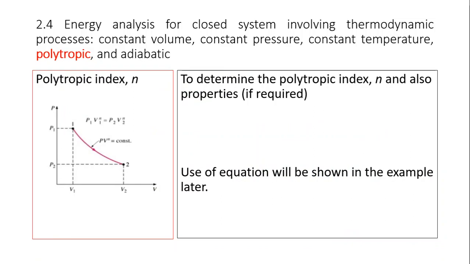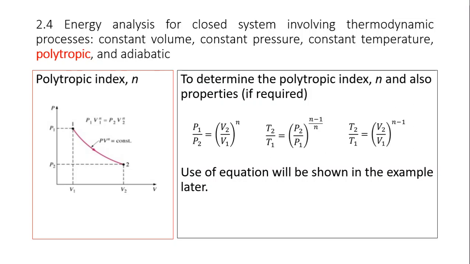Now, for the polytropic index, since n can be any number between negative infinity and infinity, provided that the question does not give the value for n, we can solve for n by using this relationship equation, depending on the properties provided.